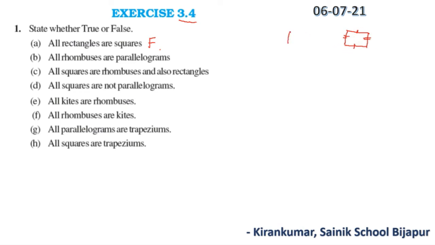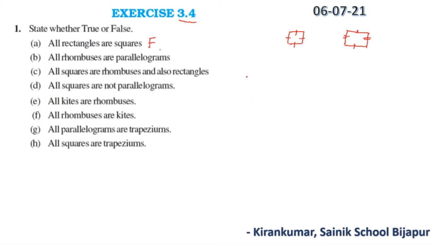If you look at a square, all sides are equal, hence opposite sides are also equal. All angles are 90 degrees. So whatever the properties of rectangles are, that's all true in case of a square. The converse is not true. So all rectangles are not squares.